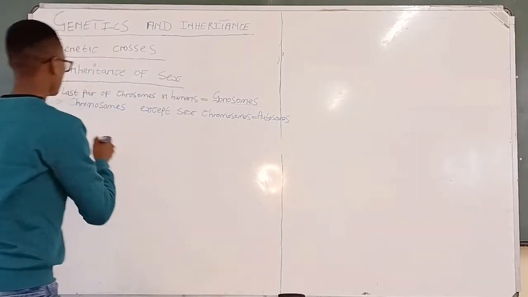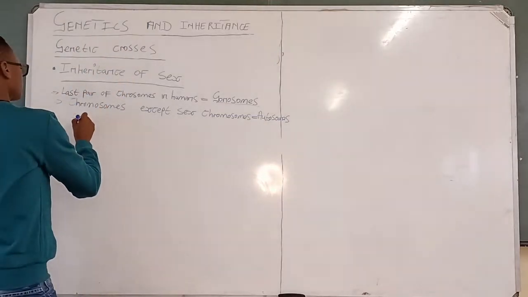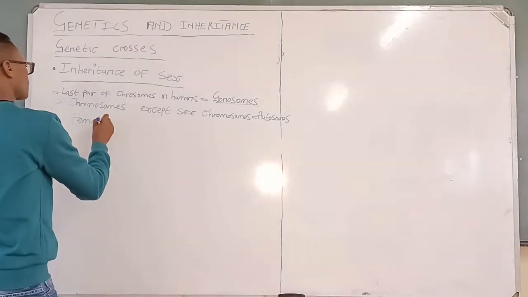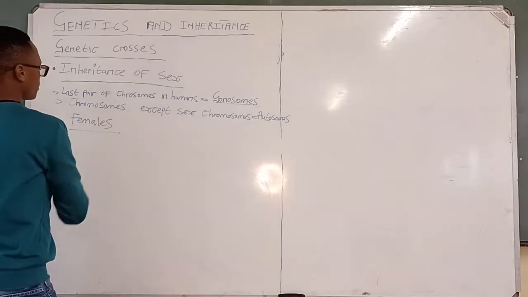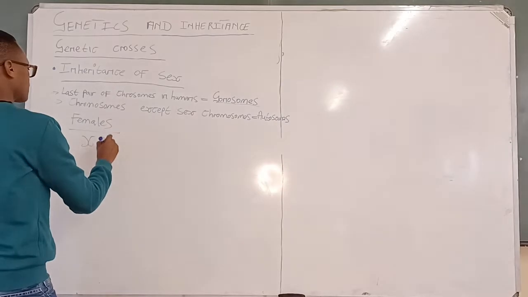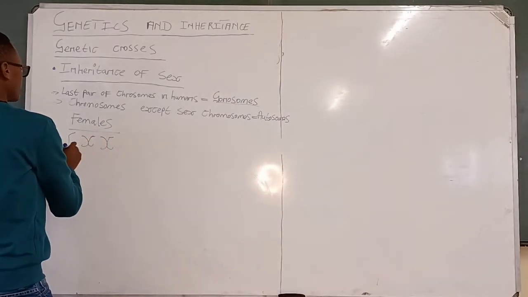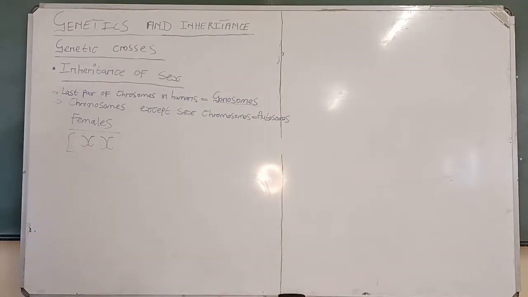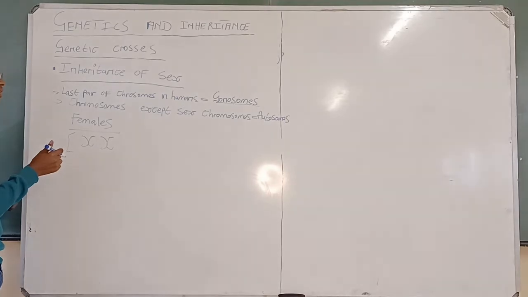Okay, so in females, the gonosomes are X and X. These are the sex chromosomes found in the last pair, pair number 23, in females.